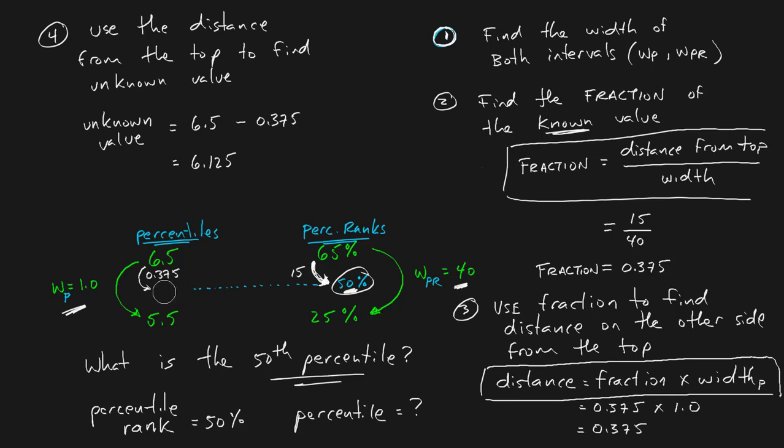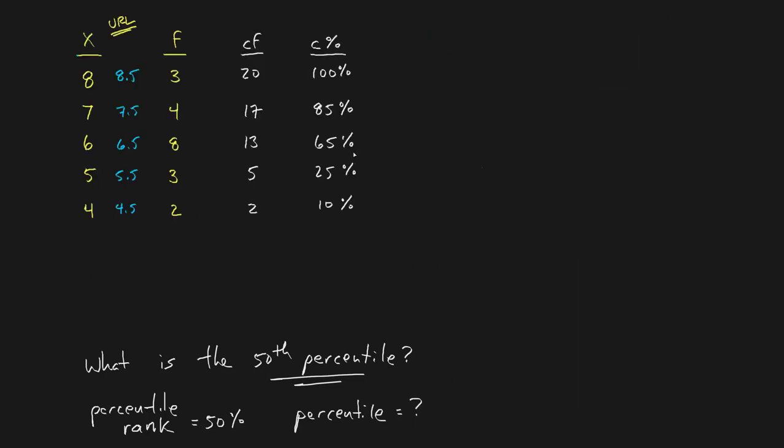And so let's just fit that in. 6.125 is that percentile that I was looking for. That is the 50th percentile. Okay, so I'll show you how this fits back in the original table. All right, so remember, we were looking for the 50th percentile, which goes with a percentile rank of 50%, but 50% falls in between these two.